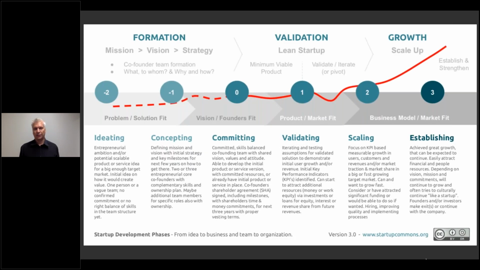So here we have the key piece of the framework.